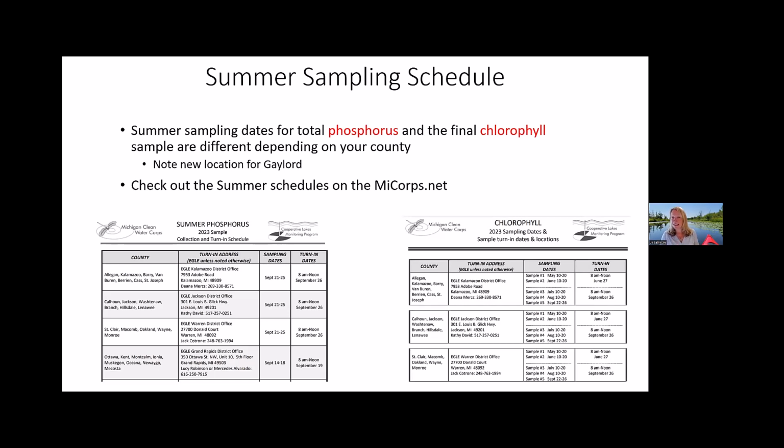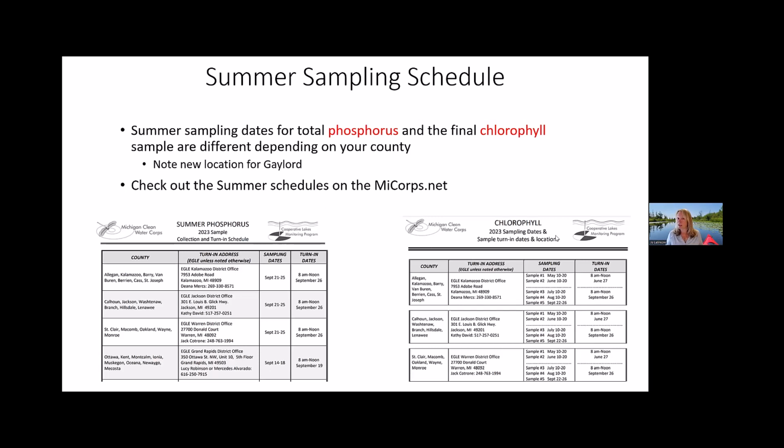But your very last sample is going to be different. We get a lot of people that just go, oh, it's September, I'll collect between the 10th and the 20th. And depending on where you are in the state, that might result in your sample being flagged as sampled at the wrong time or potentially even rejected. We want to avoid that. So be sure to check your schedule to find out when you're supposed to collect that last chlorophyll sample.